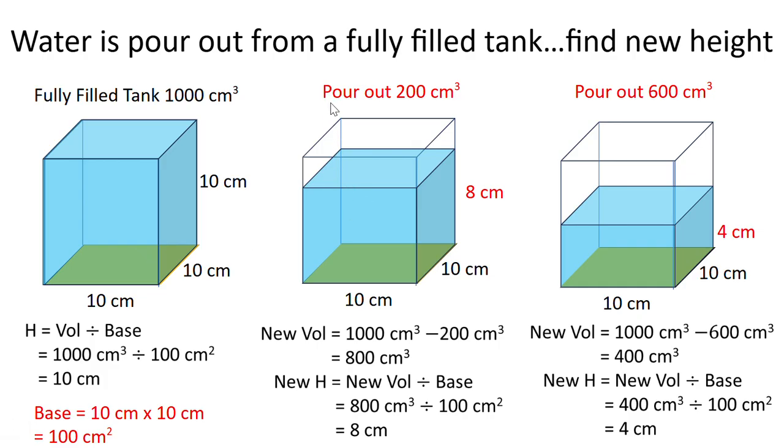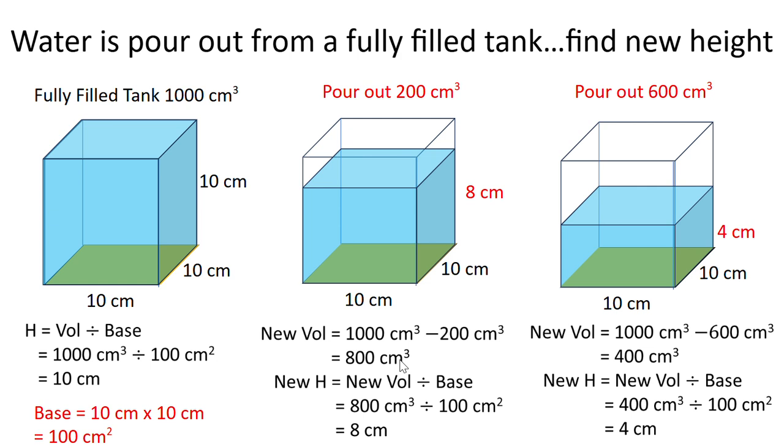So assuming the question says that somebody pours out 200 centimeter cube of water from the tank, and asks you, what is the height of the water now? The way to do it is quite straightforward. Okay, you already know that the completely filled tank is 1000 centimeter cube. You remove away 200 centimeter cube. So the amount of water that is in the tank now is 800 centimeter cube.